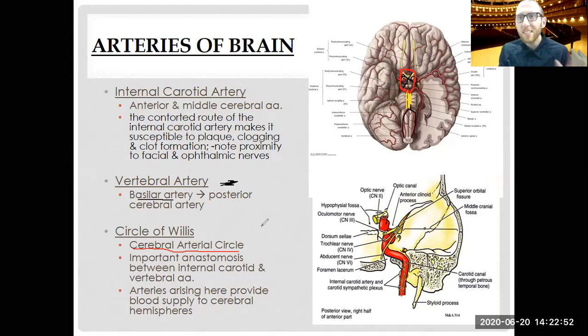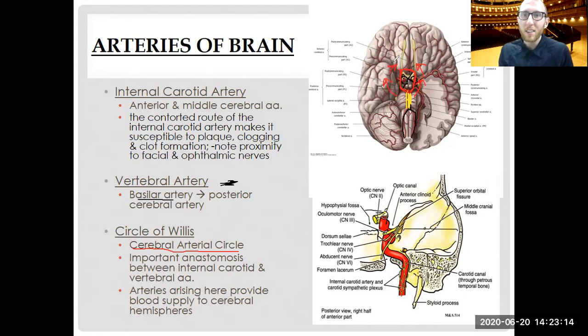Why is this important? Well, it's amazing that we have this, because in very few other places in the body do we have a circle of arteries. And what that means is you can go one way around the circle or the other way, either direction.